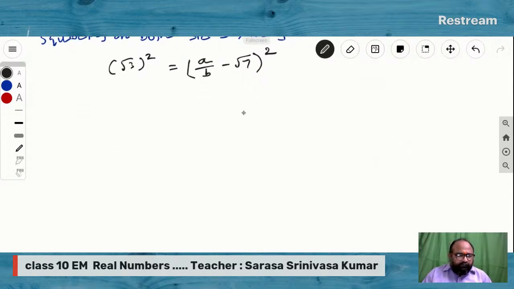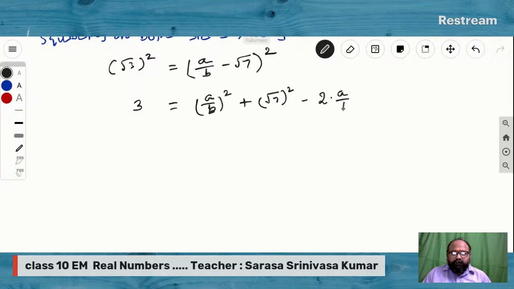Square root of 3 whole square is equal to 3. This is equal to a by b whole square plus square root of 7 whole square minus 2 multiplied by a by b multiplied by square root of 7.